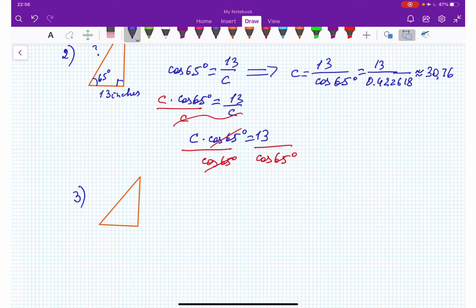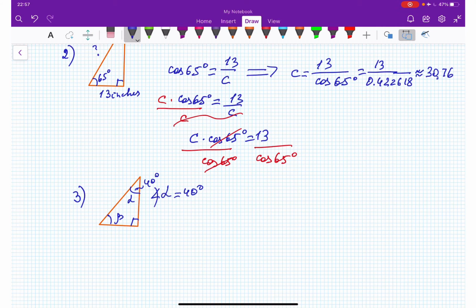So this is the right angle, and this is our angle beta, and this is our angle alpha, where angle alpha is equal to 40 degrees. So this is 40 degrees.